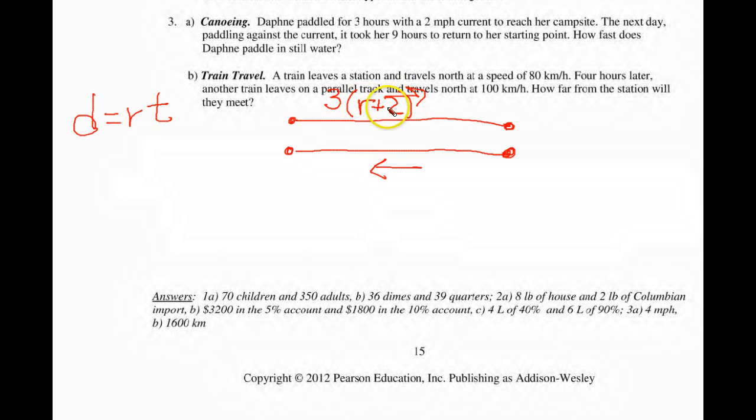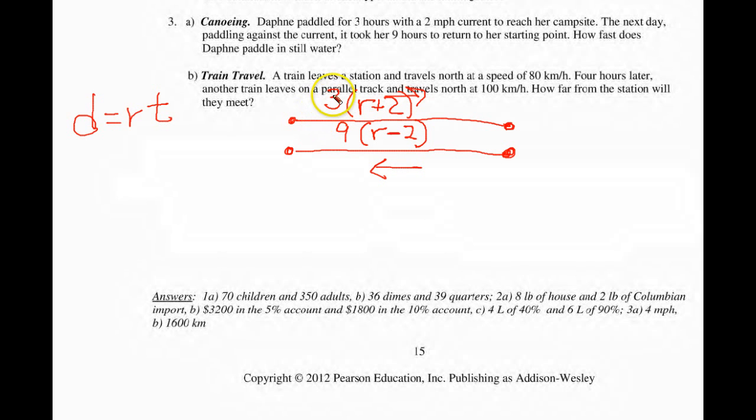This is a combination. Now it took her 9 hours to return to her starting point when she was going the other way. So here it would be her rate in still water minus, she's going against the current now, and this took 9 hours.